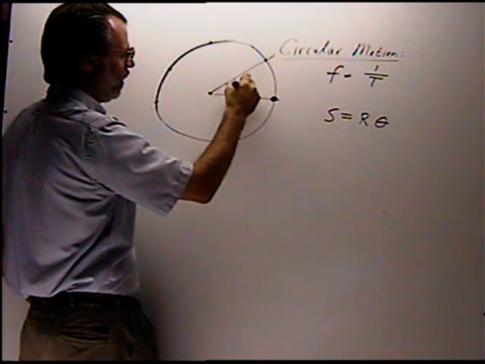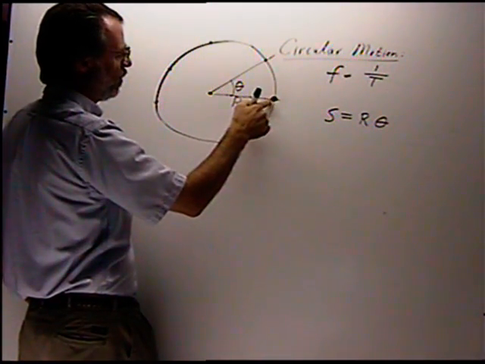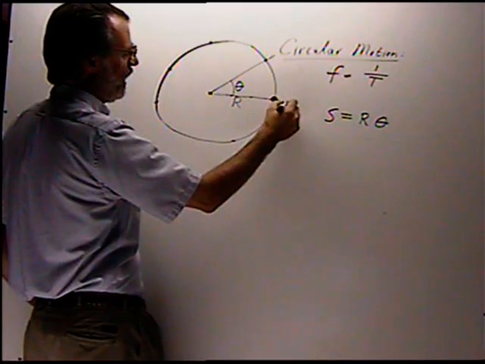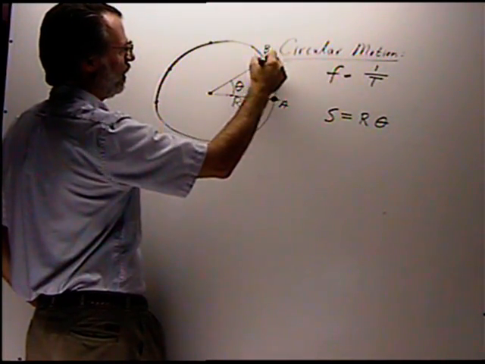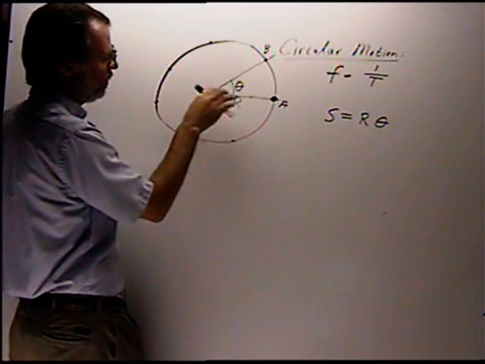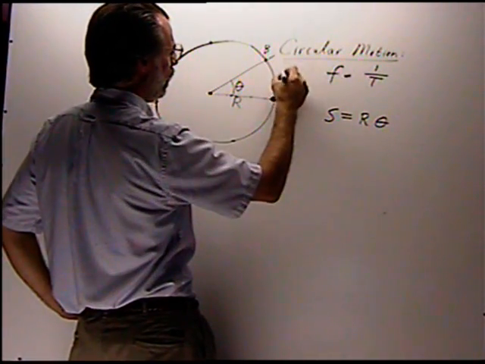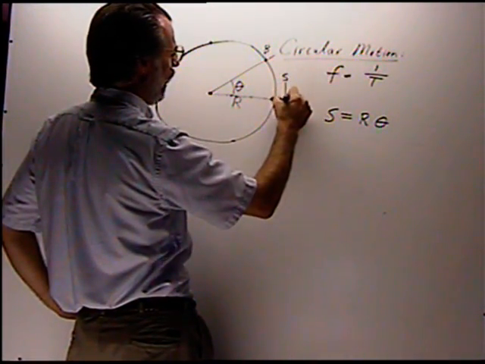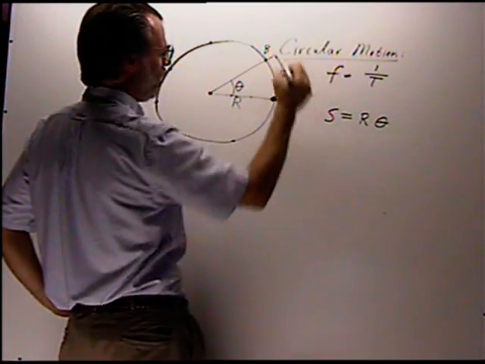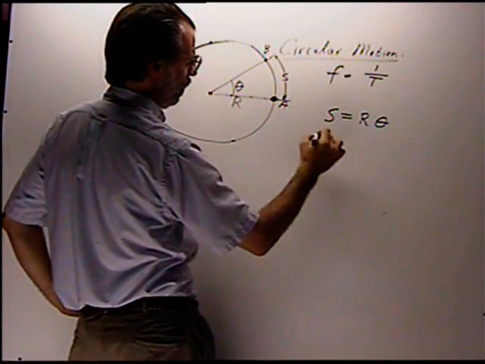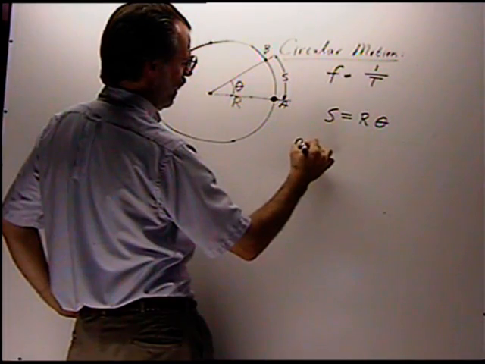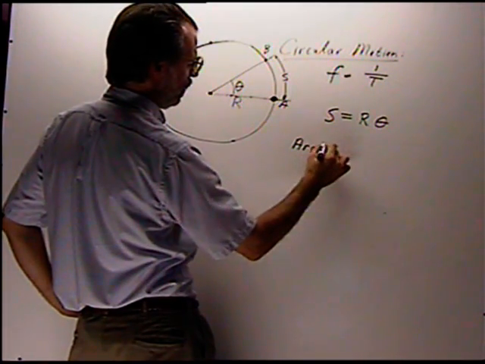Say, when the rock goes from this point to this point, from A to B, it spins through a certain angle, theta. This distance, the arc length, is the actual distance that the rock travels from A to B. So S is, again, arc length.